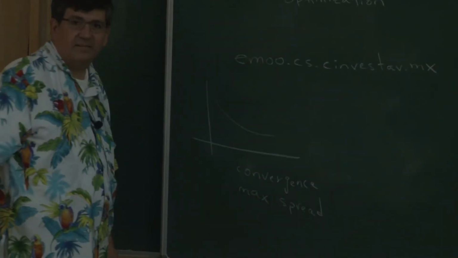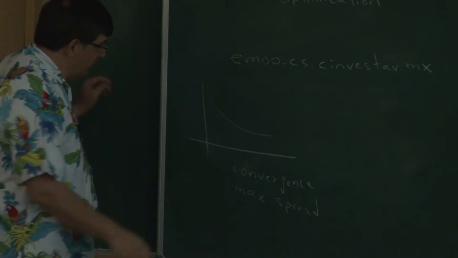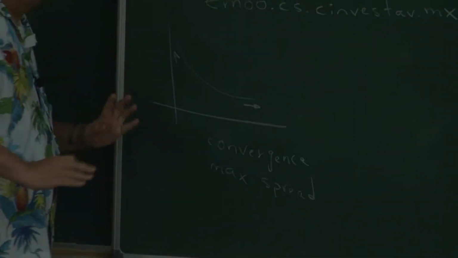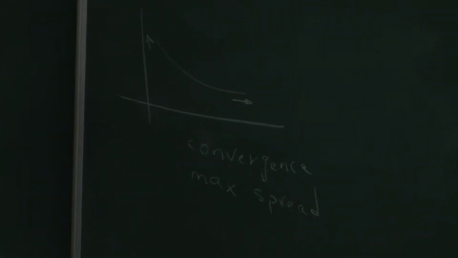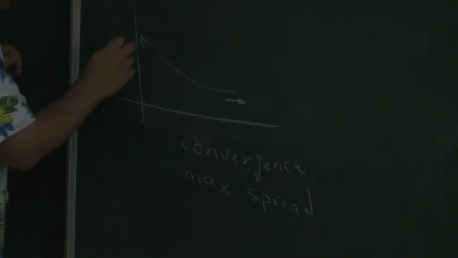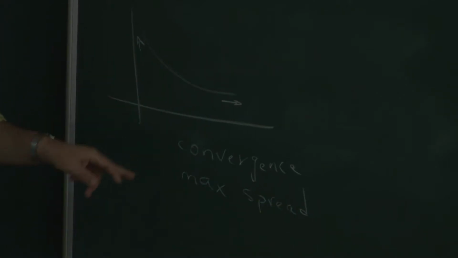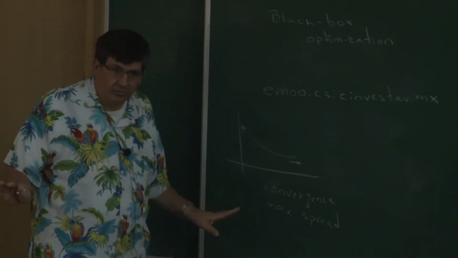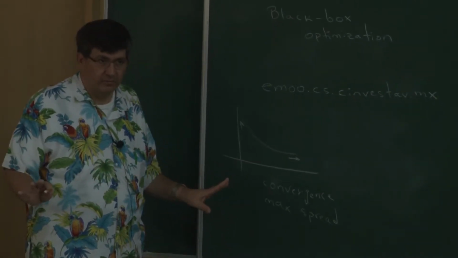What does maximum spread mean? That we reach the extremes of the Pareto front in our approximation. That doesn't mean the points in the Pareto front are uniform, that the distribution is uniform. It has nothing to do with uniform distribution.